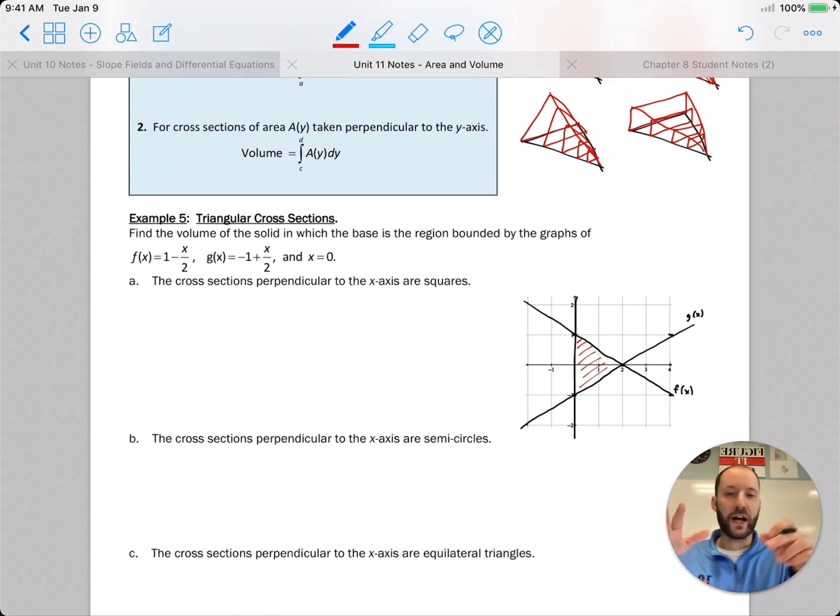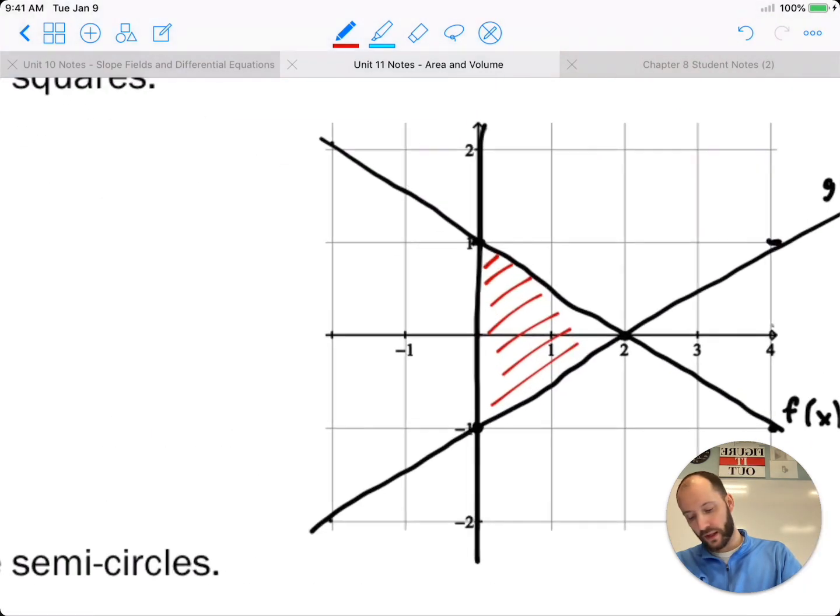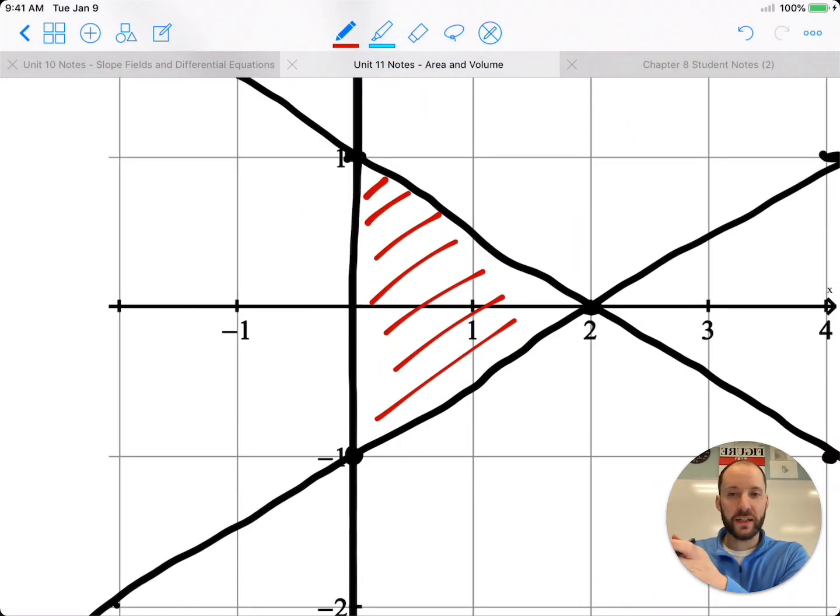Now we want to find the volume of a solid where cross sections to the base are squares. So on the left side, there's a bigger representative rectangle that's taller, so the square will be bigger.